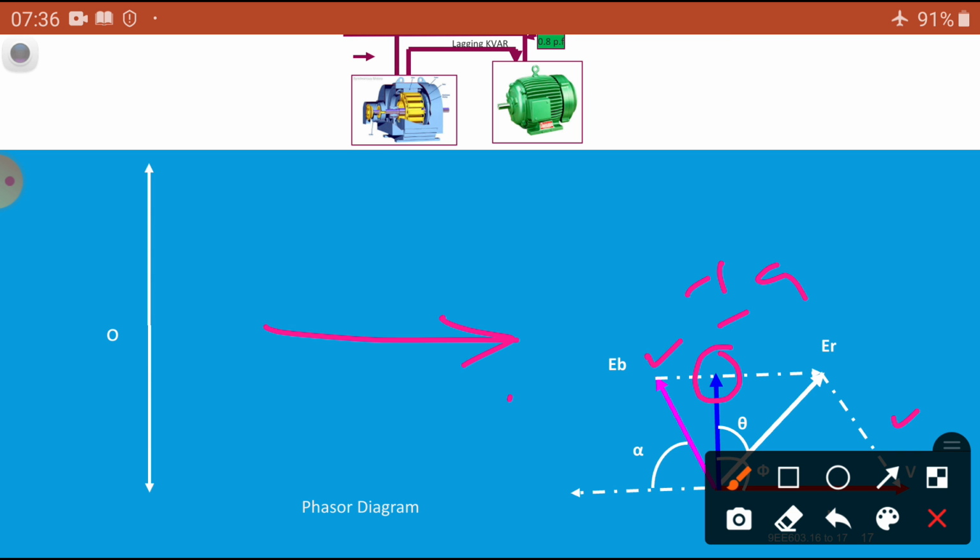This is the voltage, and the current is in this direction, Ia. So, what will happen? The power factor is leading. You are overexcited, with no load on this one. Then this is a small angle alpha to meet the constant losses. At this condition, whatever Eb is, it is greater than V.